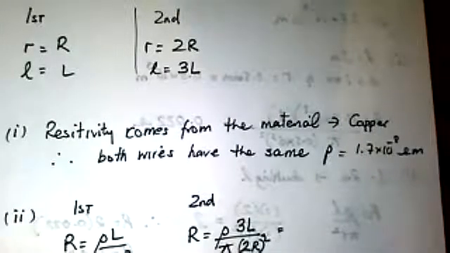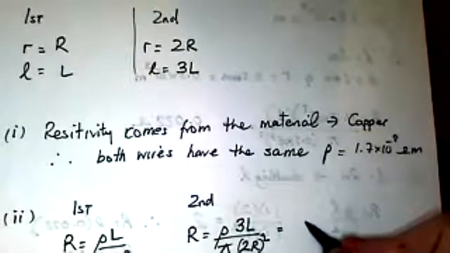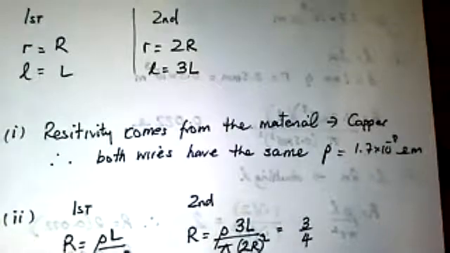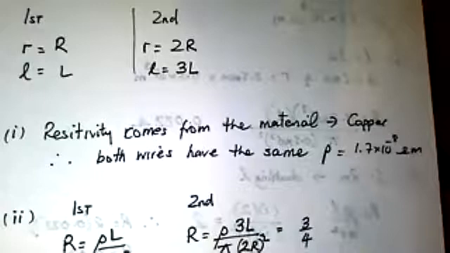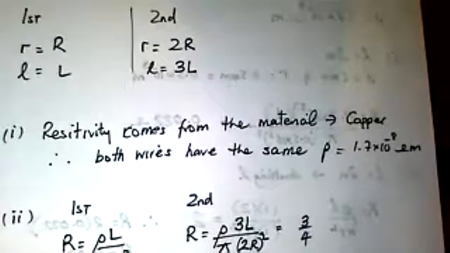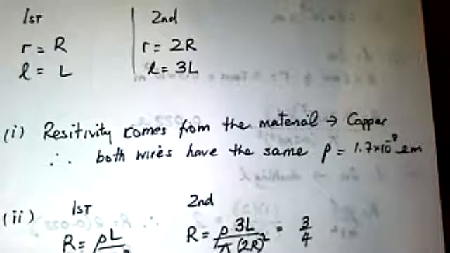So we can take a look at it and say that it has a factor of 3/4 of the resistance. It says, which length of wire has the greatest resistance? Therefore, the first wire has the greatest resistance.